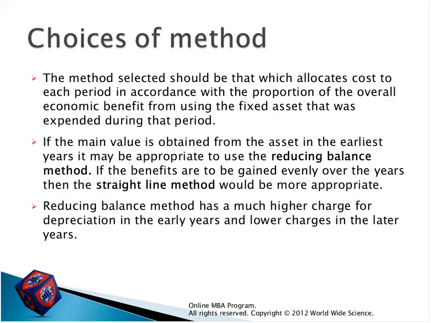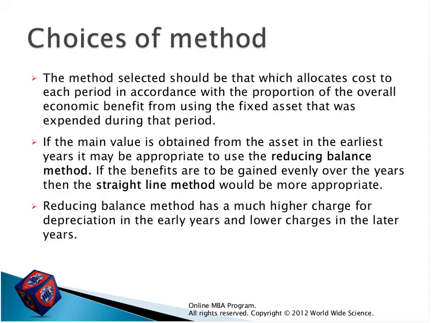So if you are a startup company and you have bought some equipment or assets, and you want to pay less tax, you can use the reducing balance method, because you can deduct your depreciation cost, which is the highest in the first years, and show that you have less profit at the end of the year.